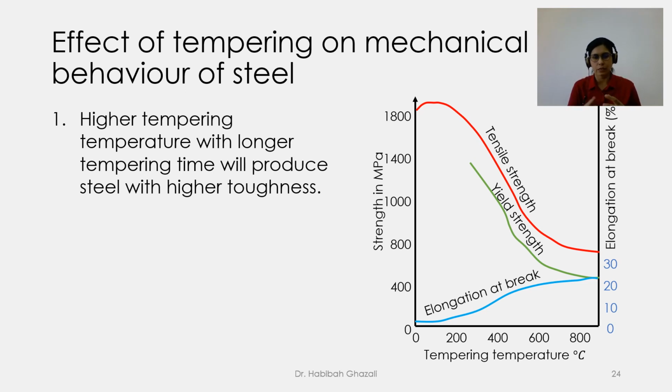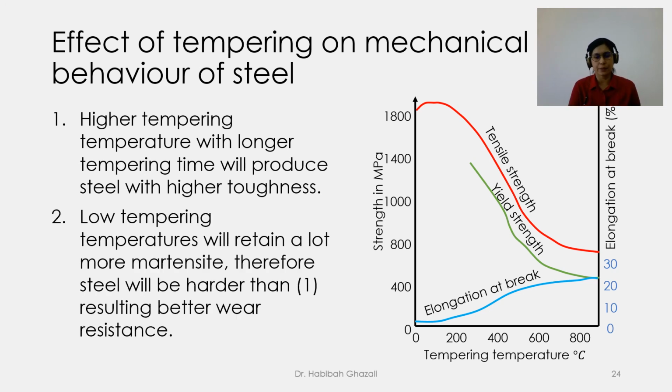So the microstructure will be softer and it will be tougher. If we have a lower tempering temperature, it will retain a lot more martensite. Therefore, the steel will be harder compared to the higher tempering temperature steel. This will result in materials with higher wear resistance because the surface will be harder.